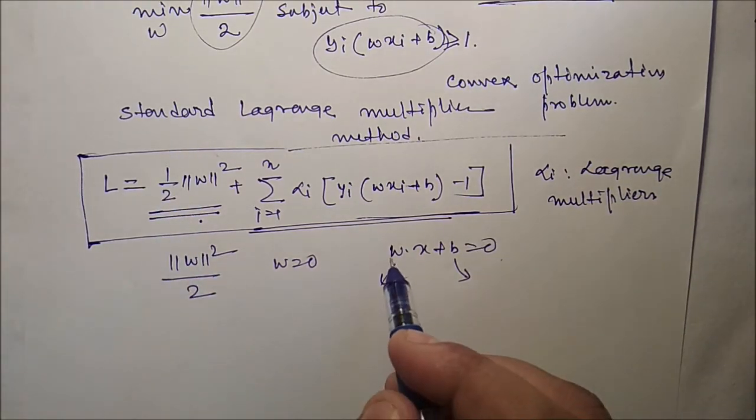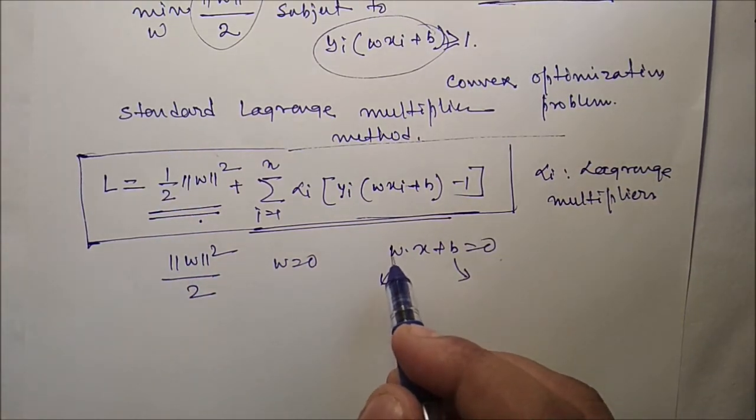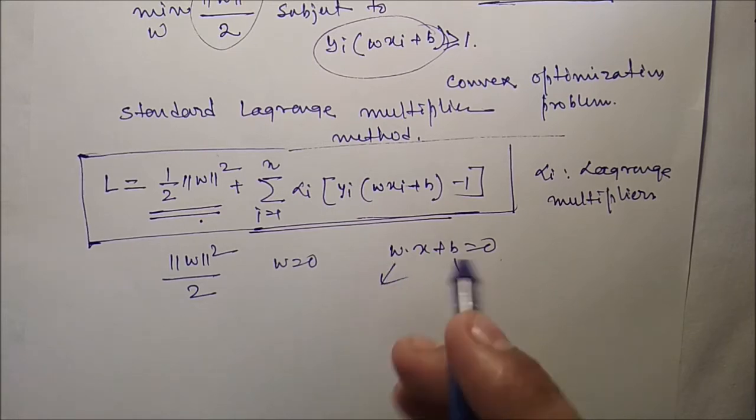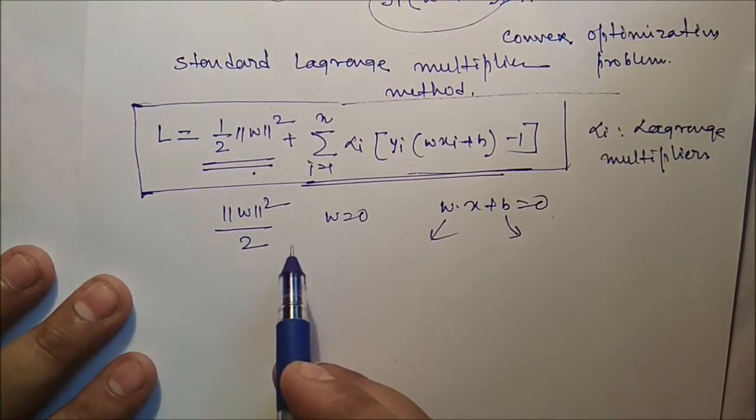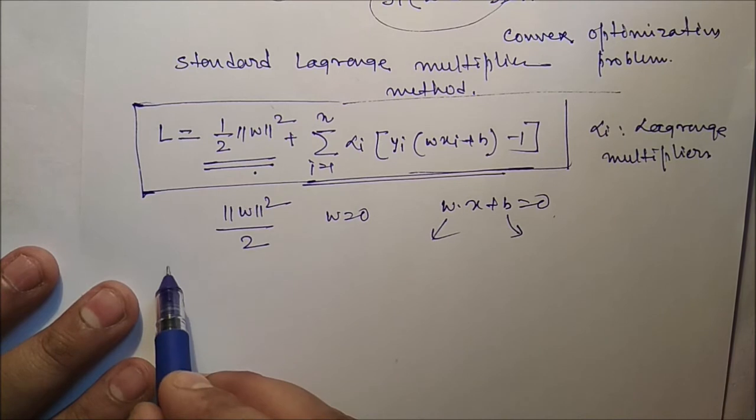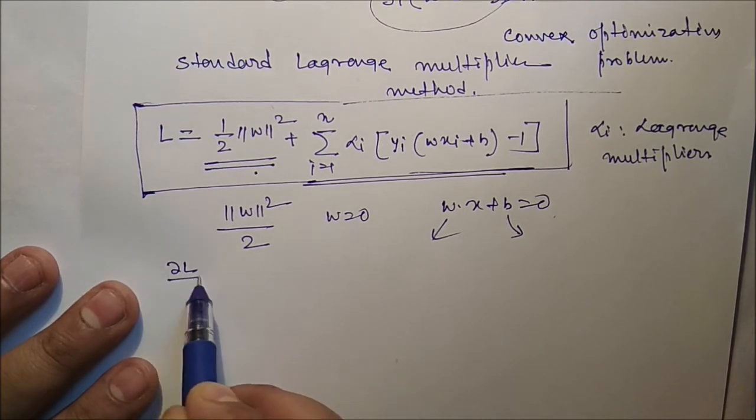Now to minimize the Lagrangian, we must take the derivative of L with respect to w and b and set them to 0. So to minimize this one, we take the partial derivative.